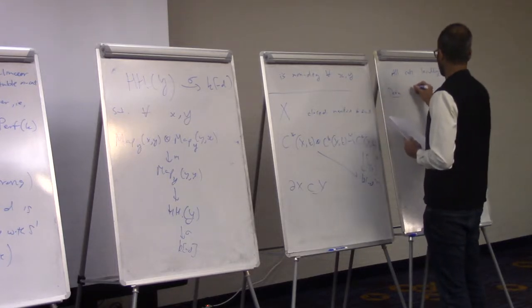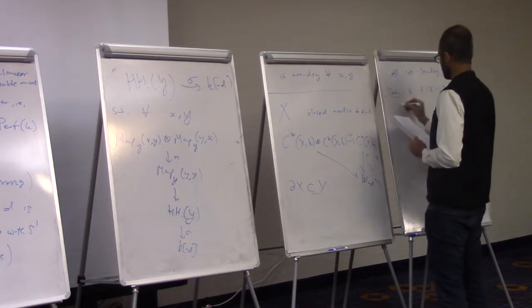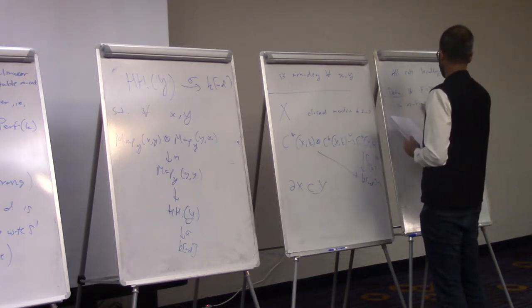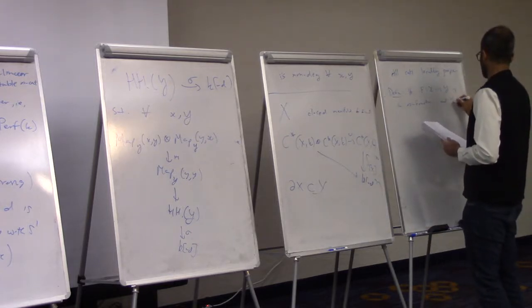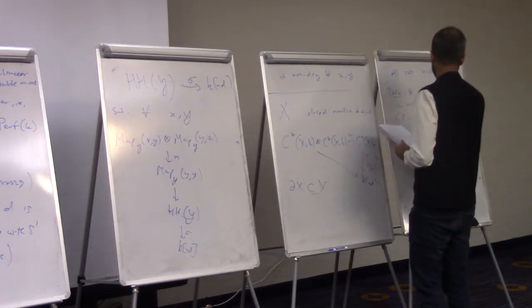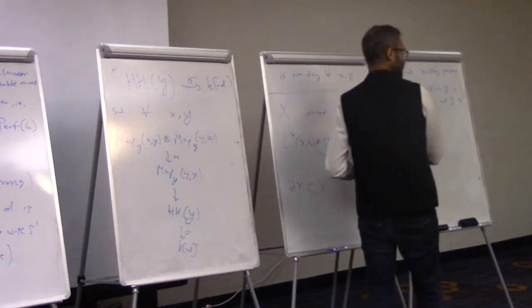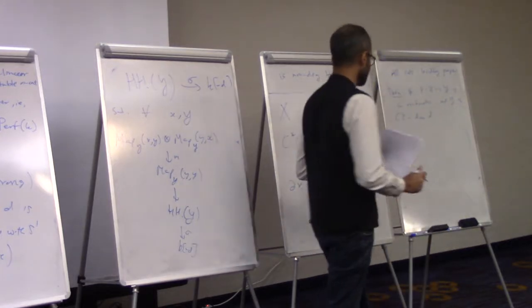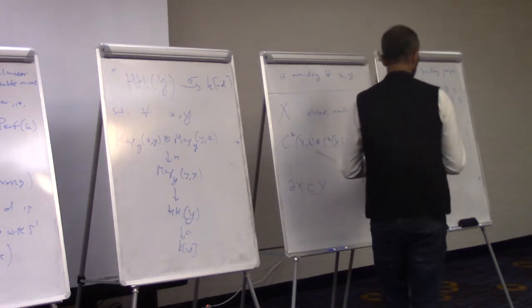If f from X to Y is a functor, and Y carries a Calabi-Yau structure of dimension d, then I'm going to define what a relative Calabi-Yau structure is. It consists of two pieces of data, or one piece of data and one condition.